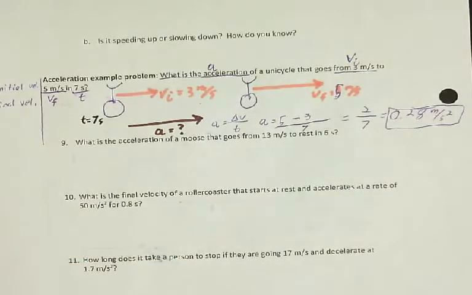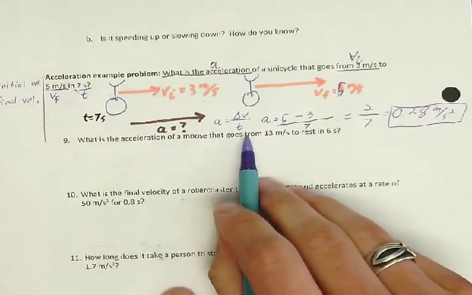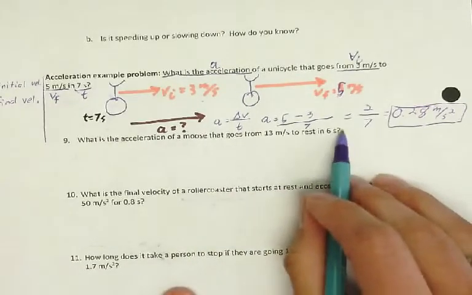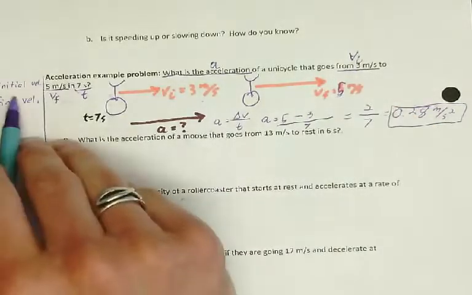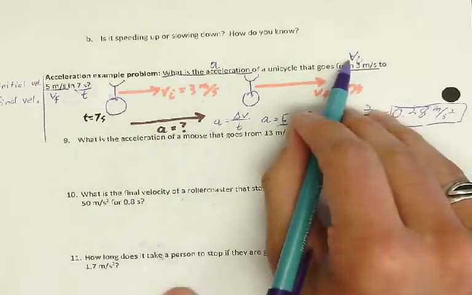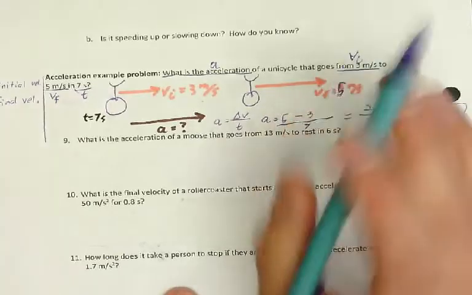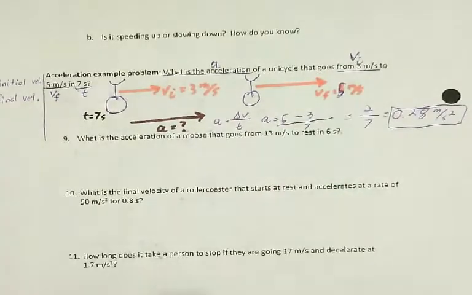So you go about doing it the same way. It's the same setup, same methods, same everything. However, you're using a new equation, and you're using 2 new variables that you're not used to, VF and VI, so be careful with that. If there's an acceleration, there's always going to be an initial and a final.